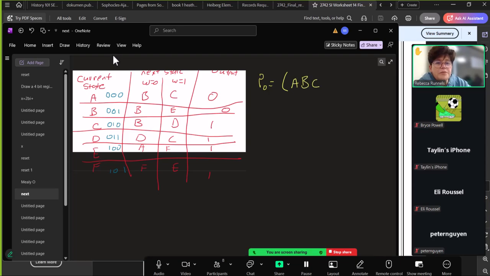So in parentheses, A, B, C, D, E, F. Your second partition is you divide them up based on their outputs. So everything that has exactly the same output, you put it together. Here our output is only 1 bit, just 0 or 1. But if you had 2 bits, like 0, 0, 0, 1, 1, 0, 1, 1, you would divide it up into 4 groups. So all the things that have exactly the same output. So the ones that had 0 were A and B, and the ones that had 1 were C, D, E, F.